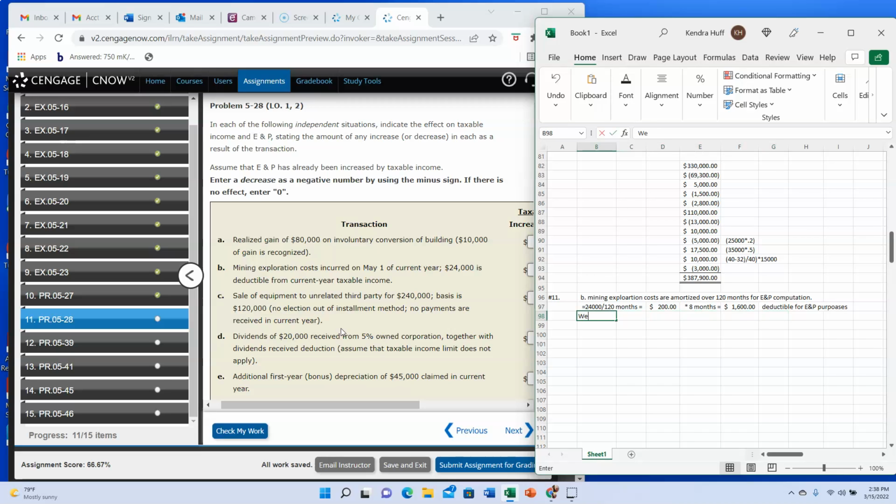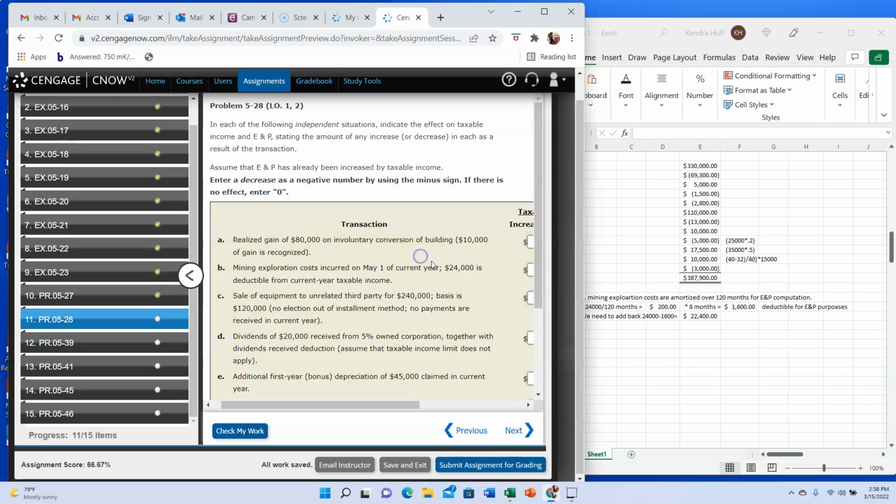So that means we need to add back 24,000 minus 1,600. 22,400.